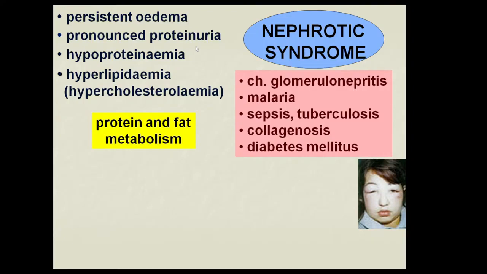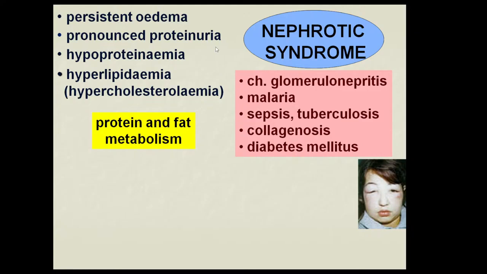In other words, if you see a patient with severe persistent edema which does not respond to your diuretic treatment, control protein in blood, cholesterol in blood, and examine urinalysis.